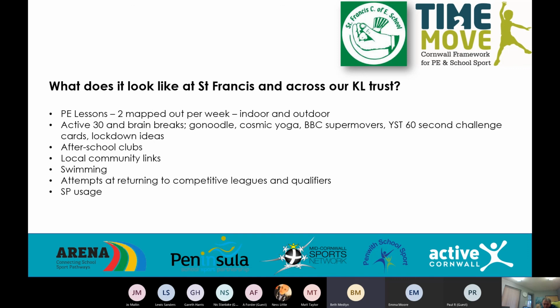We've got lots of things in place for summer term, because we won't be having residentials this year. But at the moment, the usage of the underspend from last year, we're not finding that very easy to spend.